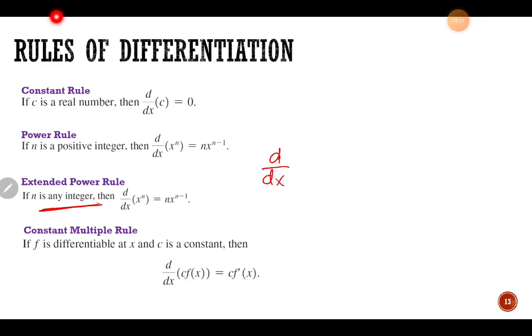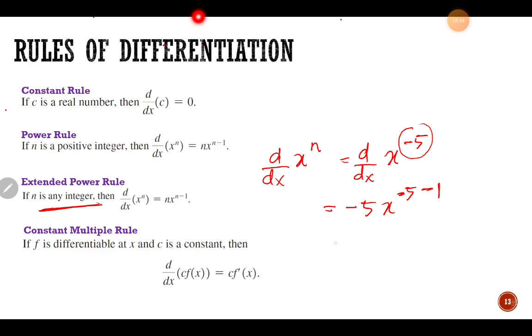Maknanya kat sini d/dx x power of n, katakanlah n kita adalah negatif kan, d/dx x power of negative 5 for example. So maknanya dia punya formula negative 5 ni going down, x power of negative 5 ni careful ya, tolak 1. Tolak 1 dia bukan jadi negative 4 sebab kita negatif ni. So we're going to have negative 5 x power of negative 6.